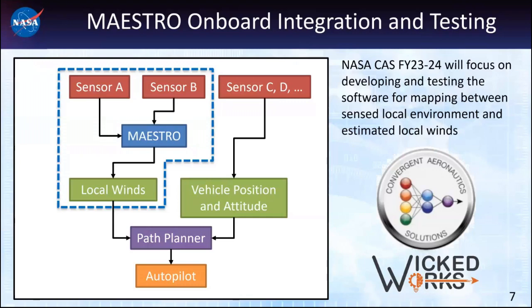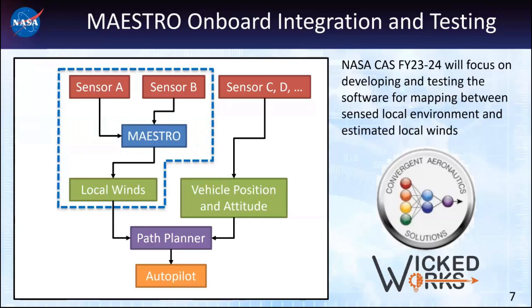This work is being sponsored by a part of NASA's Aeronautics Research Mission Directorate called Convergent Aeronautics Solutions. It's modeled around a skunk works type of operation: lean, fast, quick demonstrations.